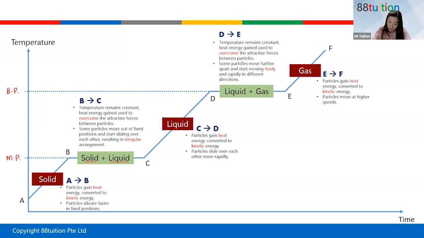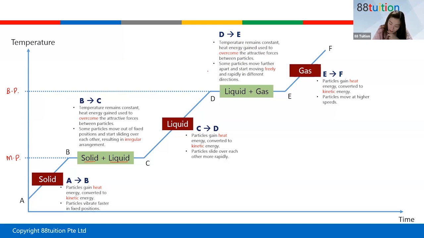I try to phrase it such that it's easy. If you compare the two, I don't write it in different ways so that it's easier for those who prefer to memorize. So you see, I try to put it the same way. Temperature remains constant because heat energy was used to overcome the attractive forces between particles.